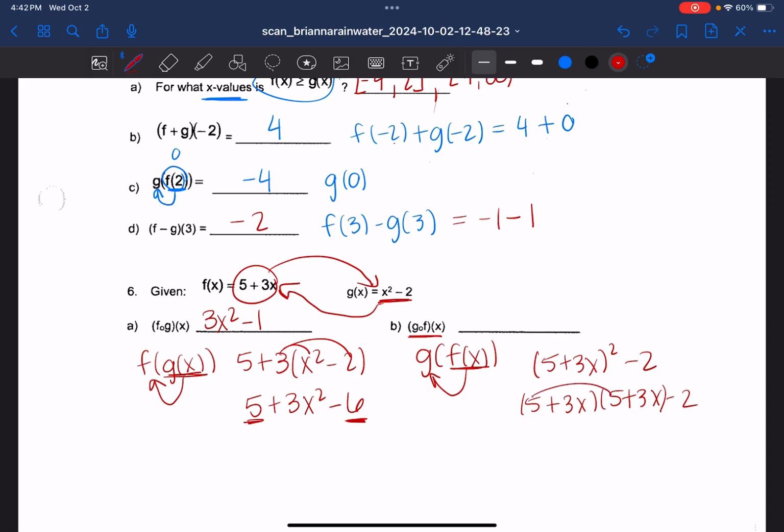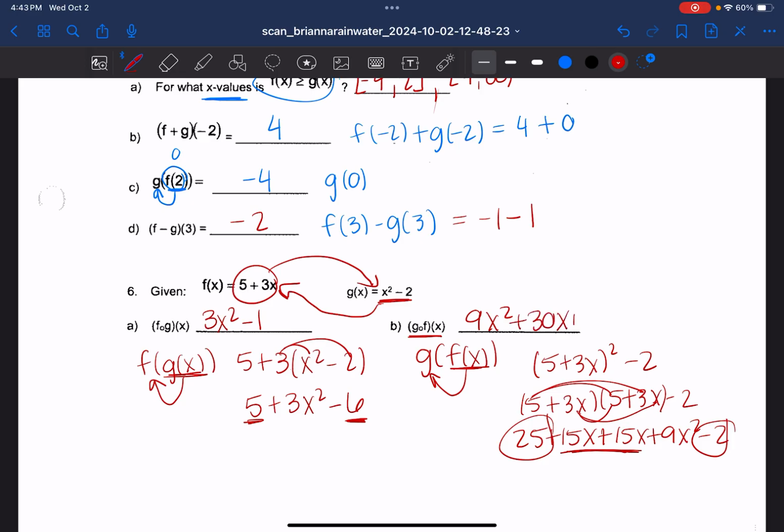So 5 times 5 gives us 25. 5 times 3x is 15x. Again, we would have a 15x plus 9x squared. So I've got some like terms here and some like terms here. So we're left with 9x squared plus 30x plus 23.